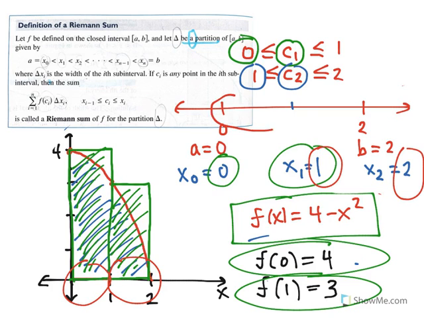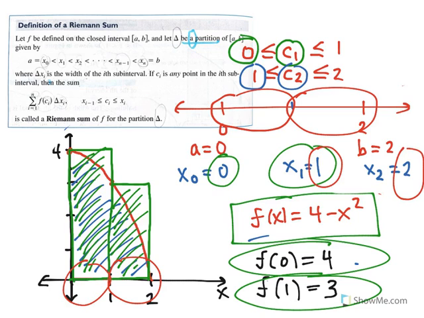So here you can see that the norm of my partition is 1 because the width of the largest subinterval is 1. If we make the width of the largest subinterval approach 0, that means the number of rectangles will approach infinity, and we expect that the more rectangles we have, the better our approximation will be.